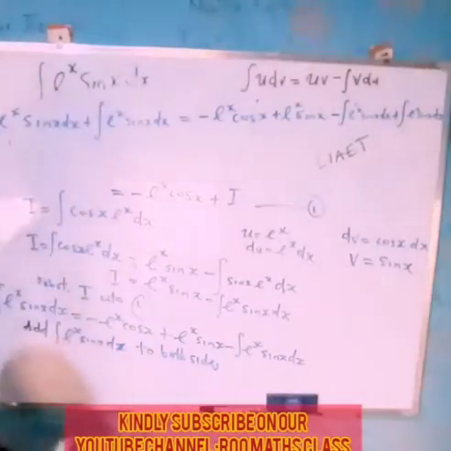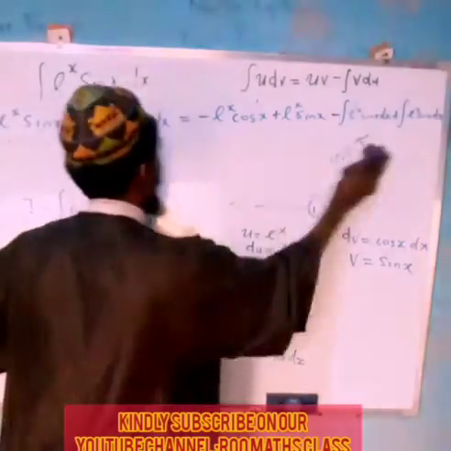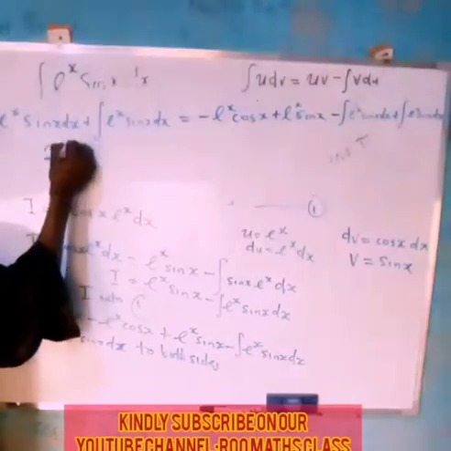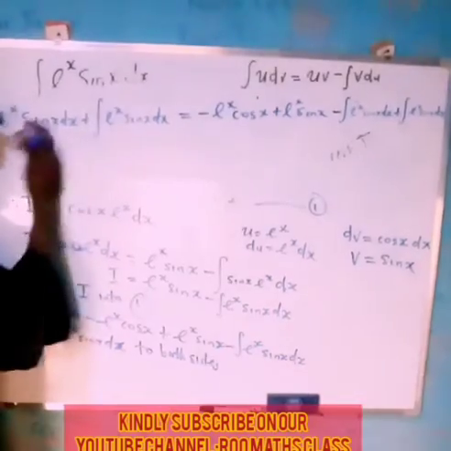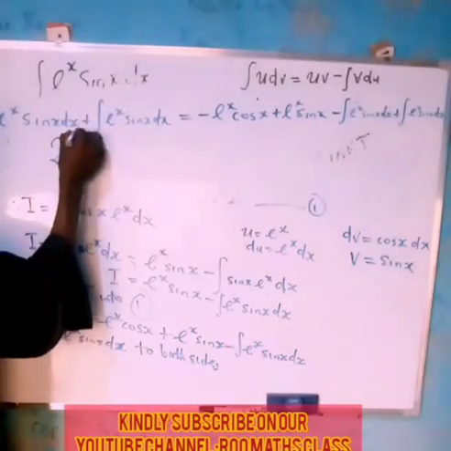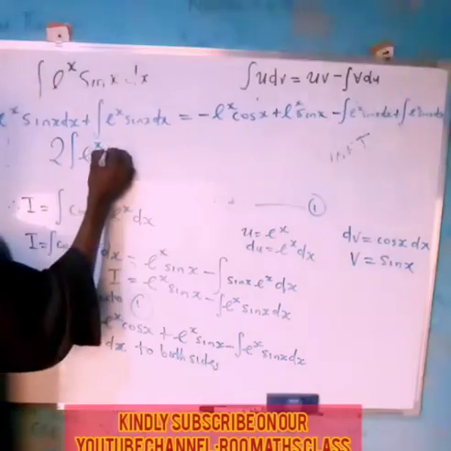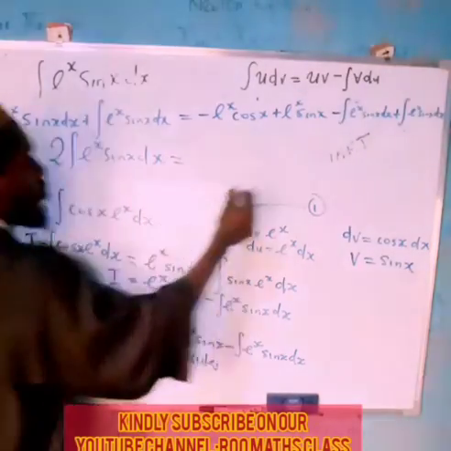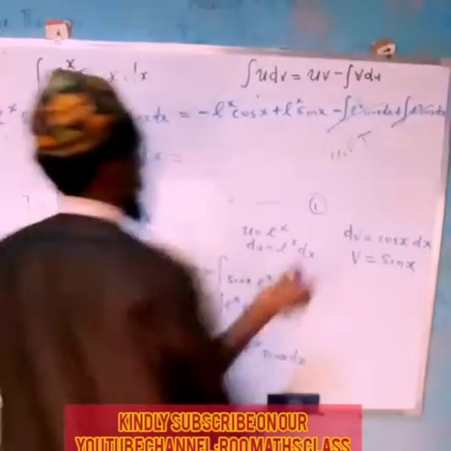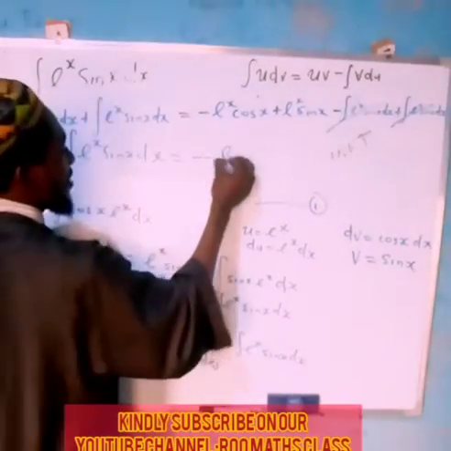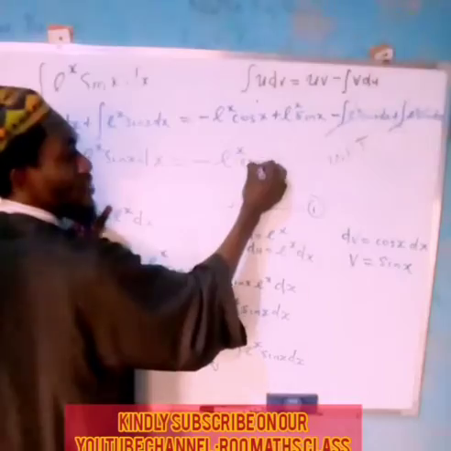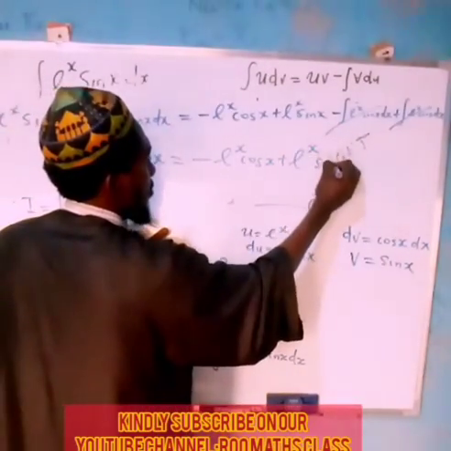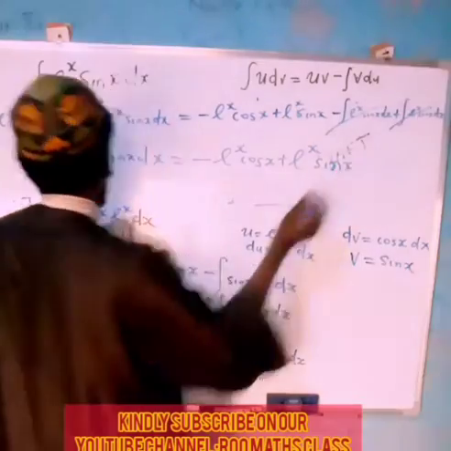Actually now, if you look at it very well, we are going to have 2 times the integral of exponential x sine x dx equal to minus exponential x cos x plus exponential x sine x.